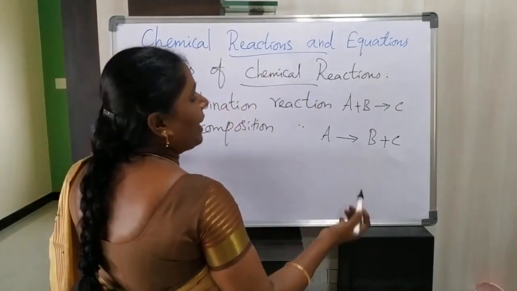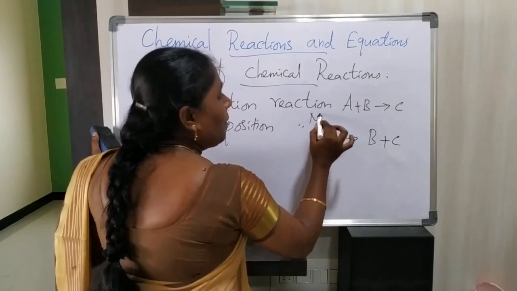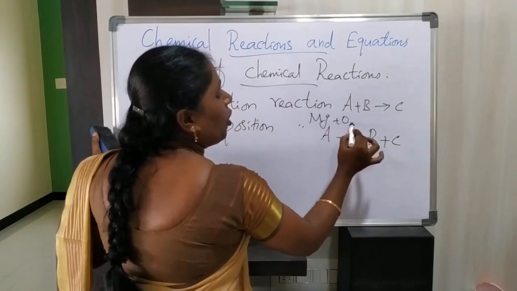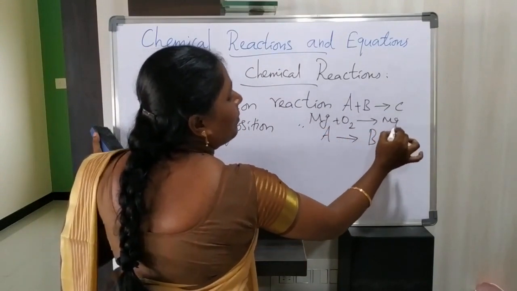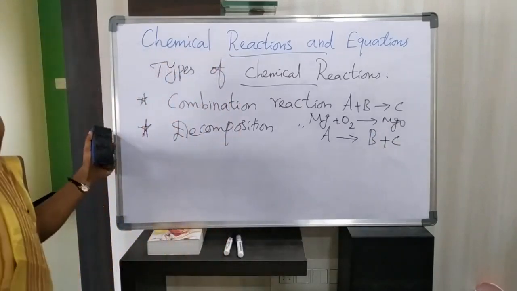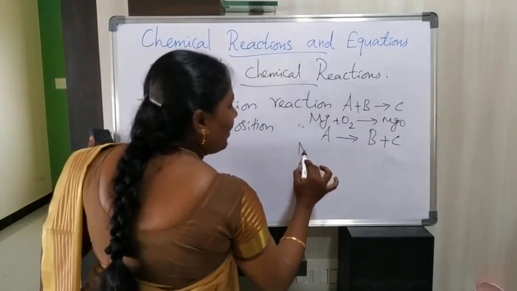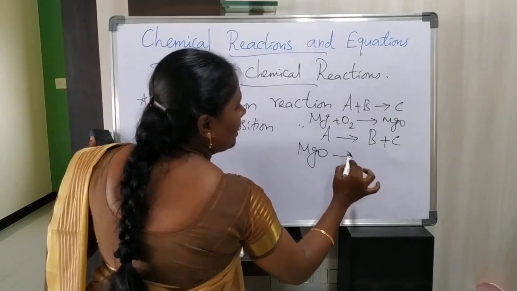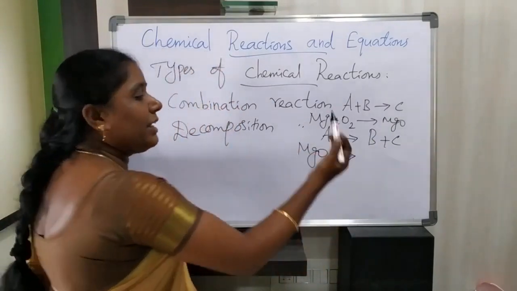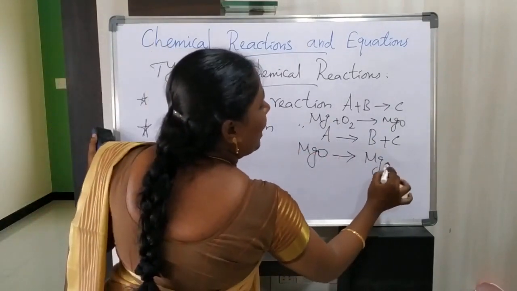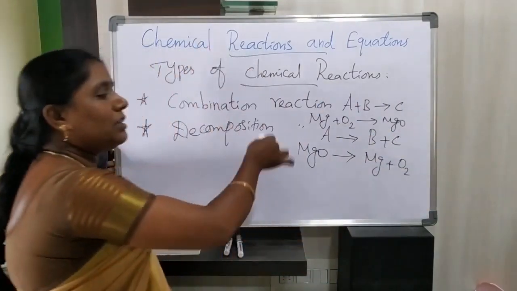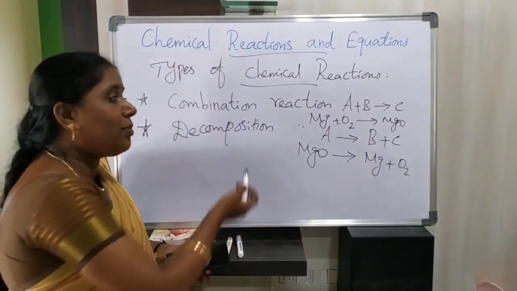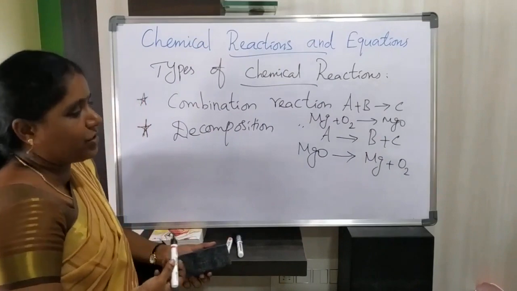For example, for combination, magnesium combines with oxygen to form magnesium oxide. But in decomposition reaction, that magnesium oxide decomposes, that is, splits into magnesium and oxygen. So consider both, they are opposite reactions.